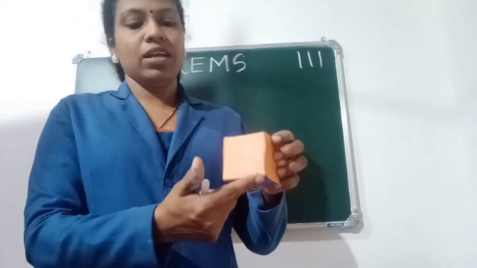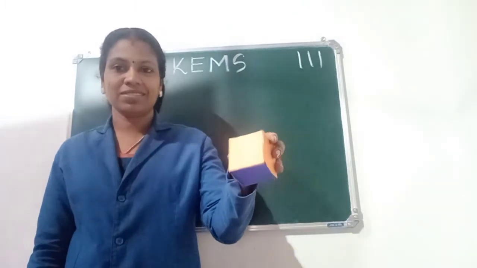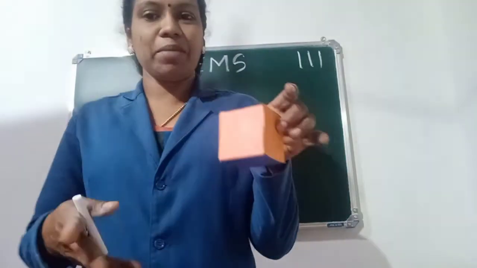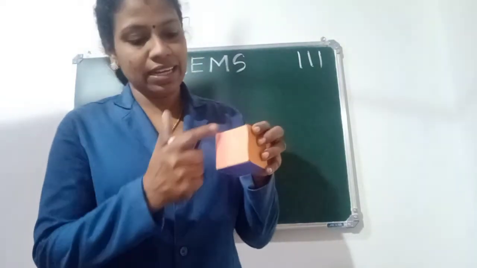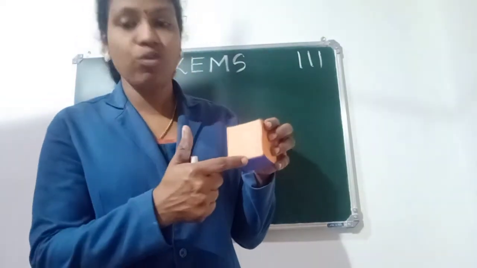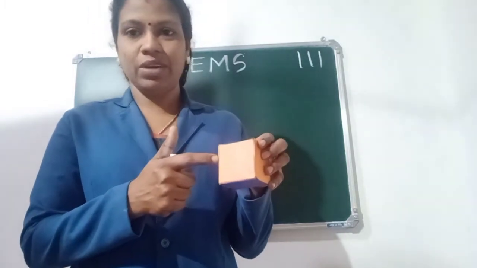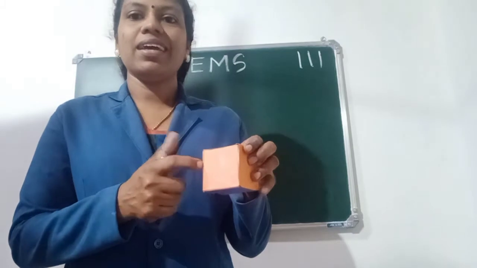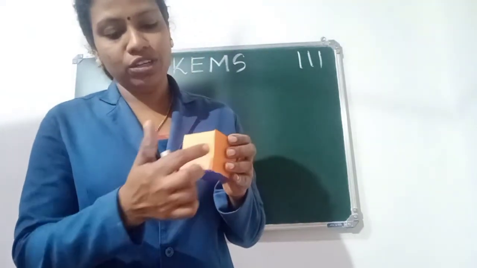So how many edges does a cube have? Yes, there are many edges. Let us count. This face has 4 edges: 1, 2, 3, 4. Then the back side also has the same 4: 1, 2, 3, 4.